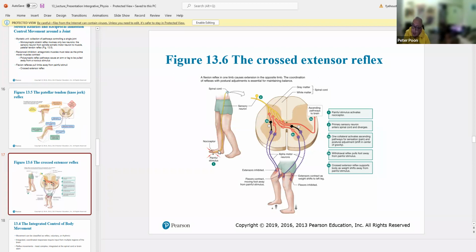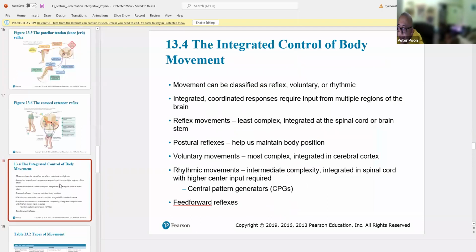So to get your foot off the ground, your hamstrings have to flex, so you have to contract, and the other muscle has to relax. Then on the other side, you have the opposite: the extensors contract and the flexors relax. That is the cross extensor reflex.